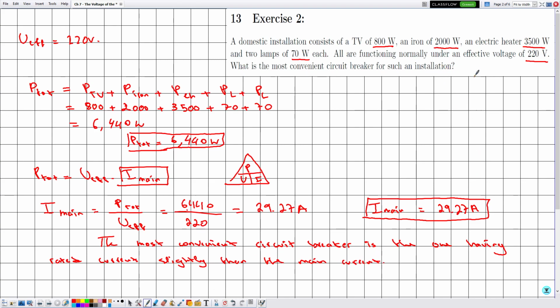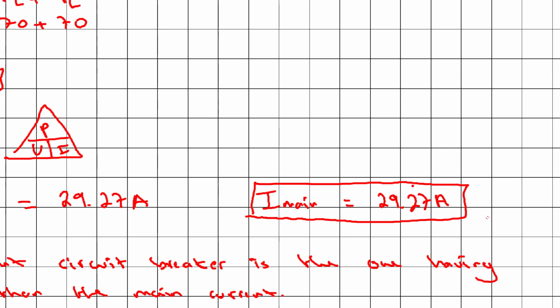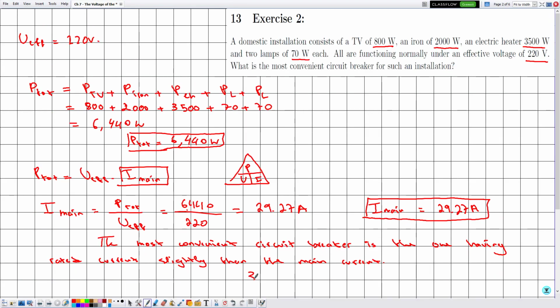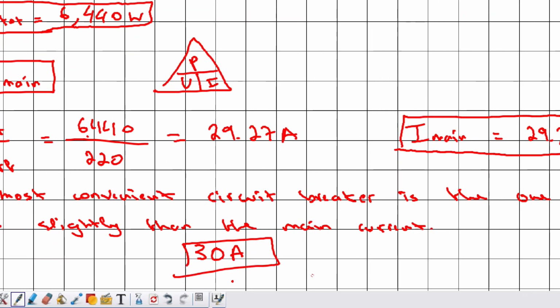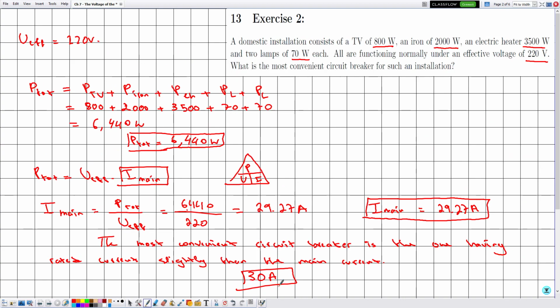Here we don't have any choices of referring to the values of the rated current. Knowing that 29.27 is the main current, simply a circuit breaker carrying the indication 30 amperes would be suitable for this domestic installation. What does this indication represent? This is the rated current under which the circuit breaker protects this domestic installation.